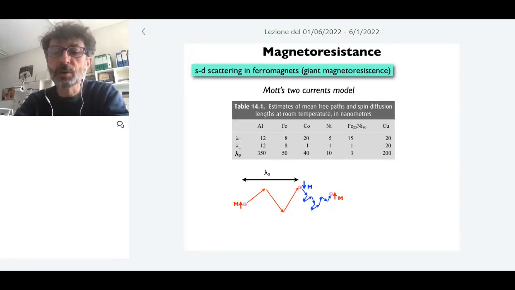Those materials in which the d band for the majority electrons is completely below the Fermi level are called strong ferromagnets. Strong doesn't mean that they have particularly large magnetization. That is not the case. Nickel is an example of a strong ferromagnet. Cobalt, so and so, as far as I know.